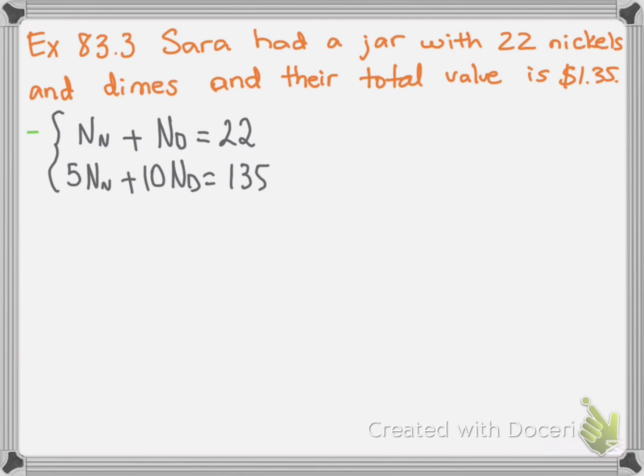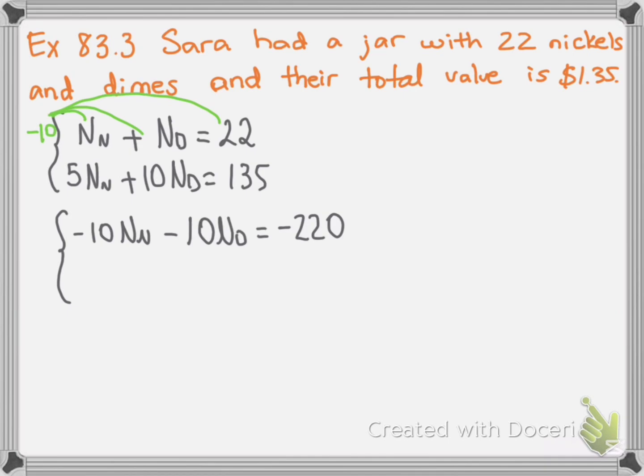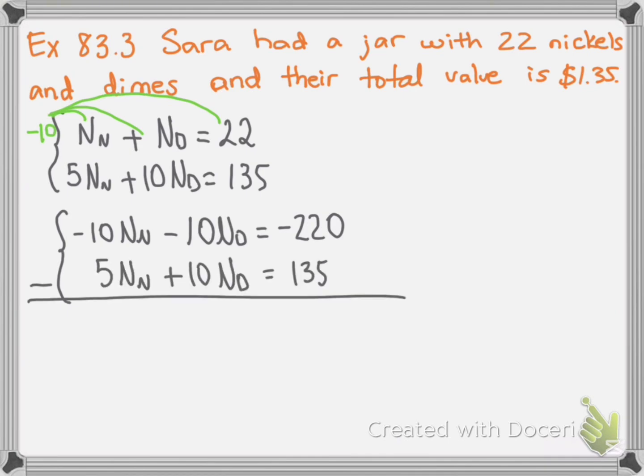And again, I'm going to choose to do elimination, so I'm going to multiply times negative 10. Remember to multiply the negative 10 times all of them. Then we rewrite negative 10 NN minus 10 ND equals negative 220. And the other one stays the same. Remember, we add, and when we add, we get negative 5 NN, then the NDs cancel, and negative 220 plus 135 is negative 85.